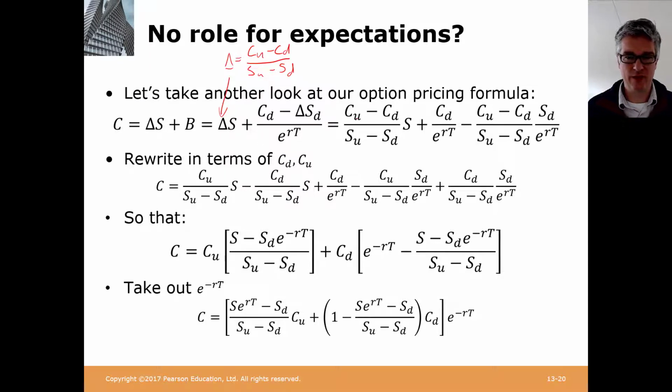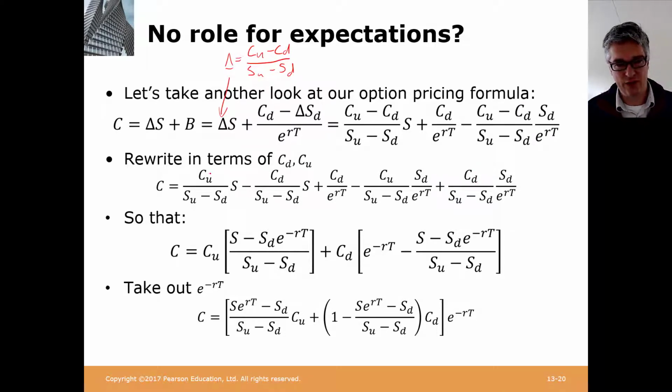So let's pull this thing apart and group all the CUs together. So this is CU times S over (SU minus SD), minus CD times S over (SU minus SD), plus CD over e to the power RT, minus CU times SD over e to the power RT over (SU minus SD). So that's this part here, and then this final part can also be written out right here.